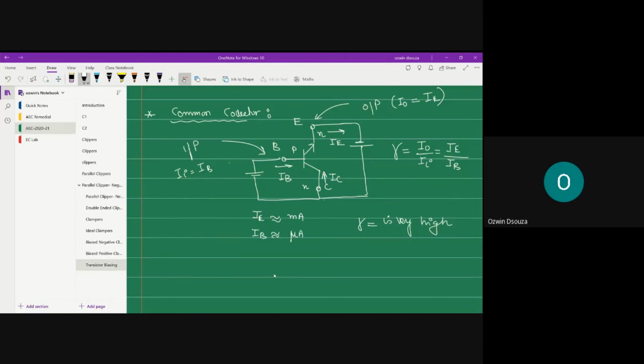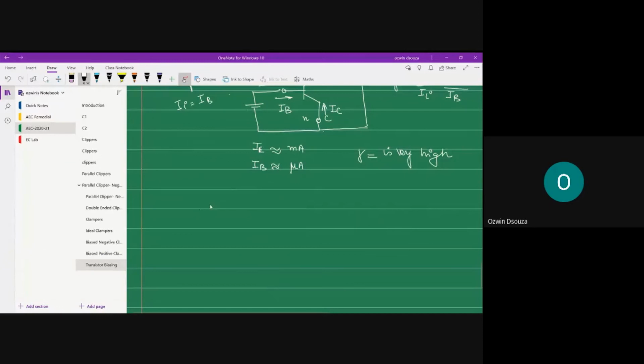So we have three possible modes, and the three modes will give different current gains. That's the reason the current gains in transistors are normally denoted by either alpha, beta, or gamma.